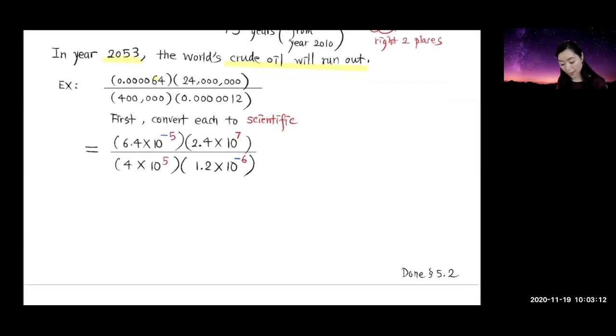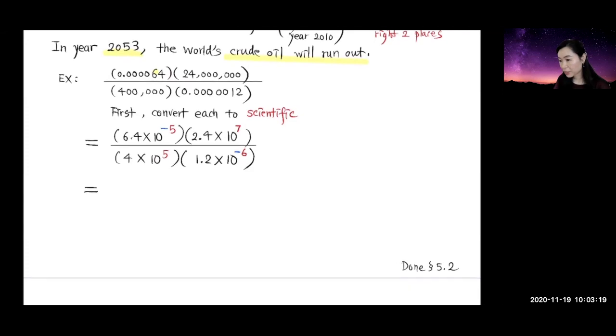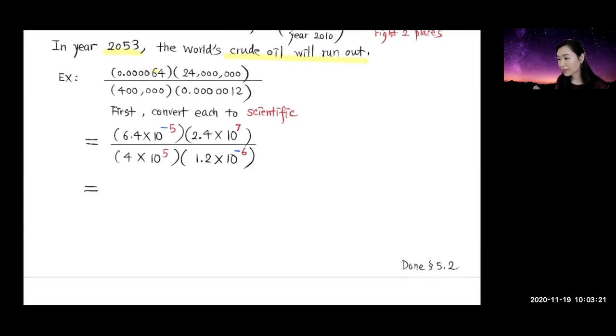Now after that, for scientific notation, the numbers that are not a power of 10, you put them together. Because multiplying, right? 6.4 times 2.4 and then divide by 4 times 1.2.